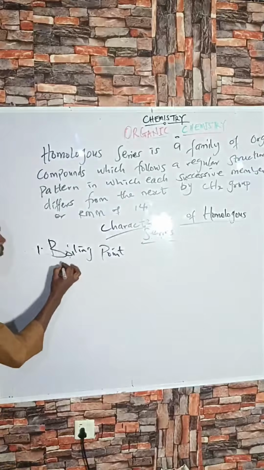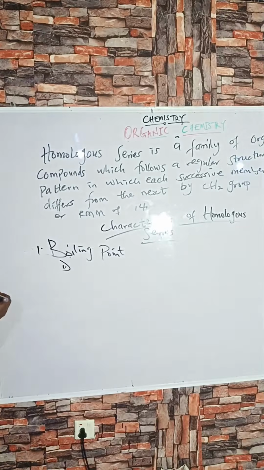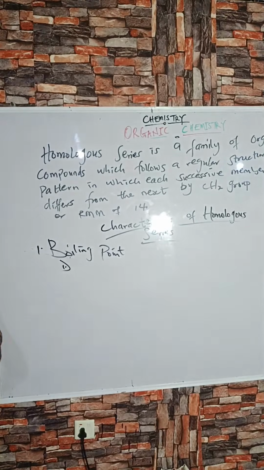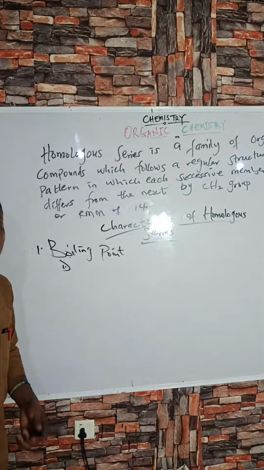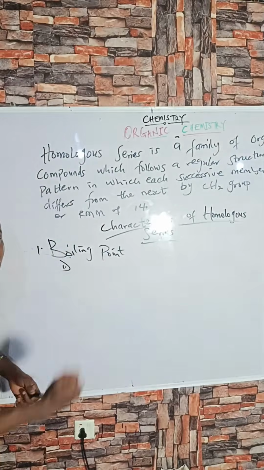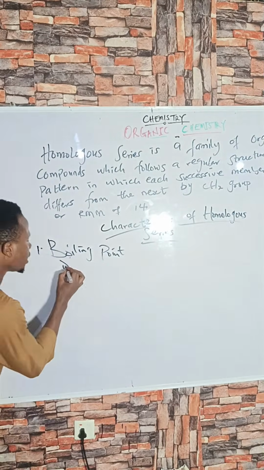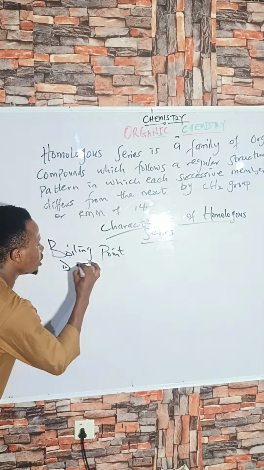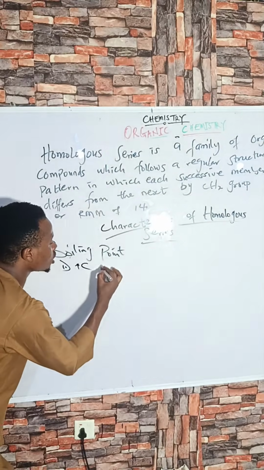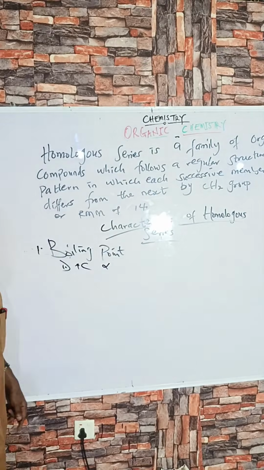The first thing is in terms of the number of carbon atoms. As you go down the homologous series, the number of carbon atoms continues to increase. Because the carbon atoms are increasing, there will be an effect on the boiling point. When the carbon atoms increase, the boiling point also increases.